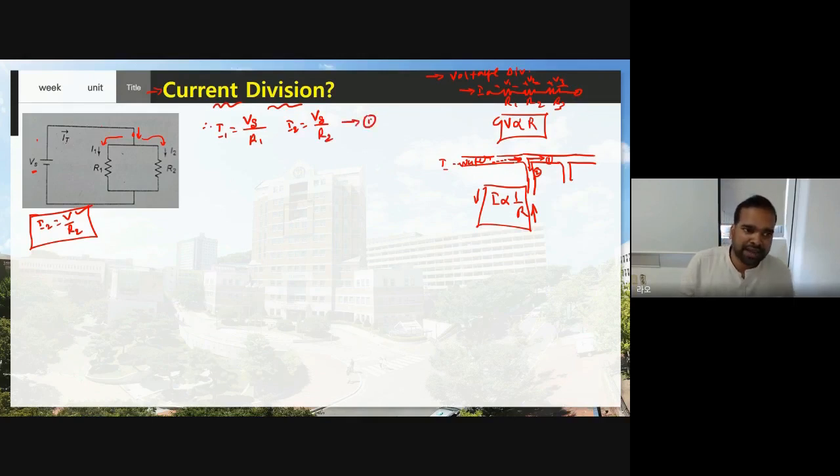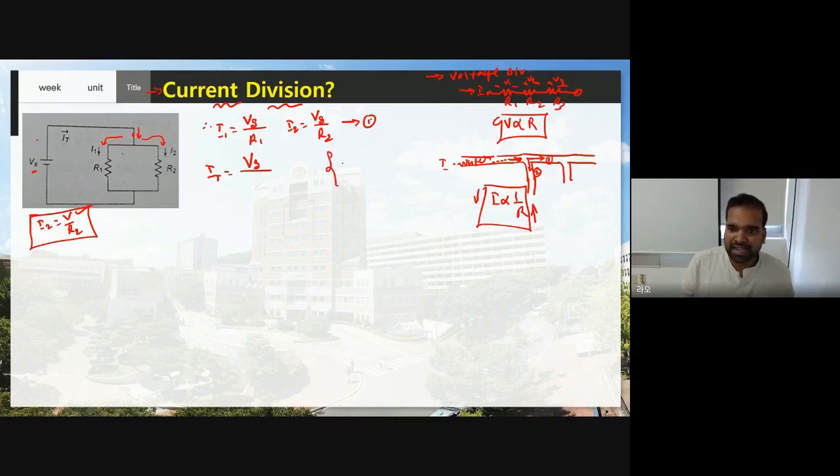Then how can you find IT? With the same formula, IT equals the total current V by R. Here V means the source voltage, Vs. R means, since two elements are connected in parallel, the equivalent resistance.